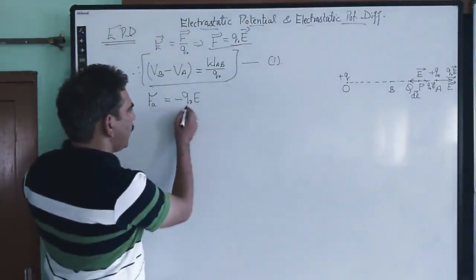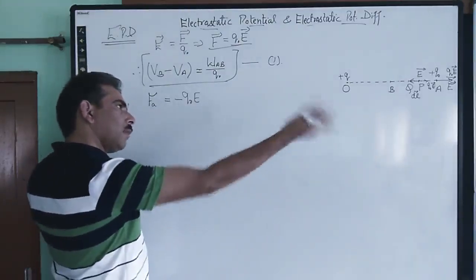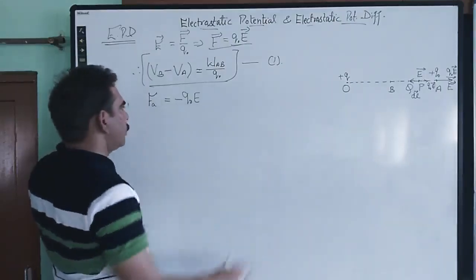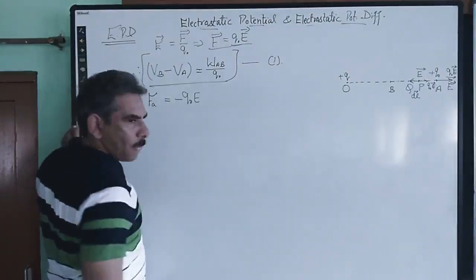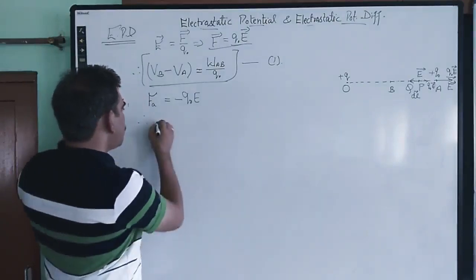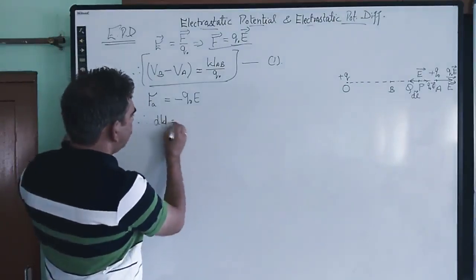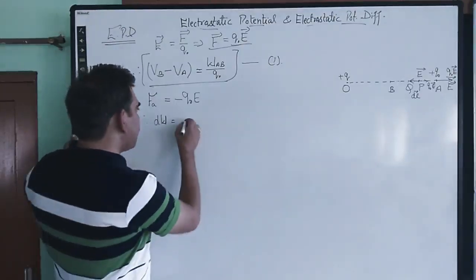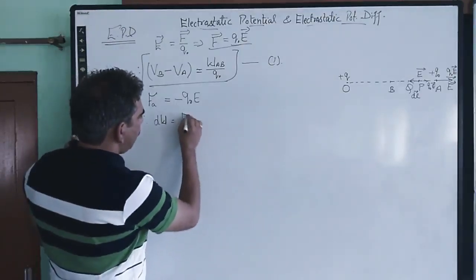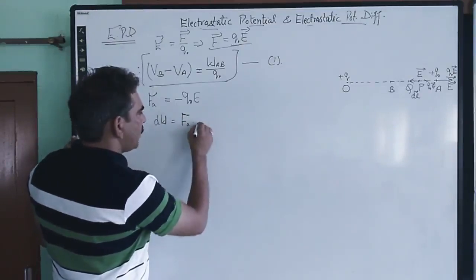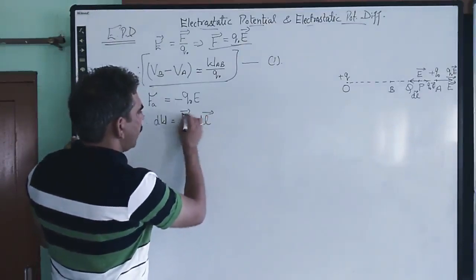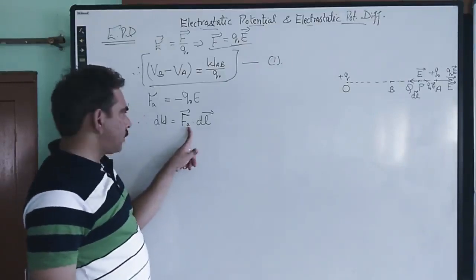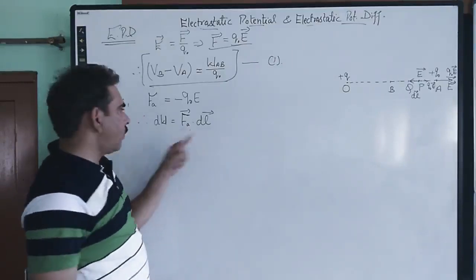So this is the force we have to apply so that the charge moves from position A to B, or from P to Q. Therefore, the small amount of work done in making this small displacement dl is simply given by the force we are applying into the displacement which is taking place. So it is F dot dl, where F is the force which is applied.